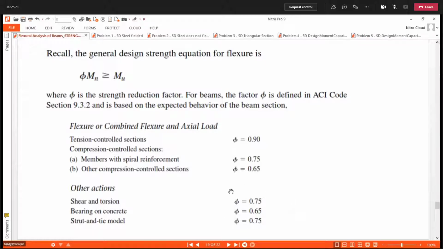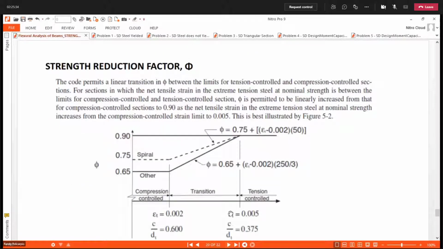These are additional reduction factors given in the code. And when our section is in the transition range, this is our formula.